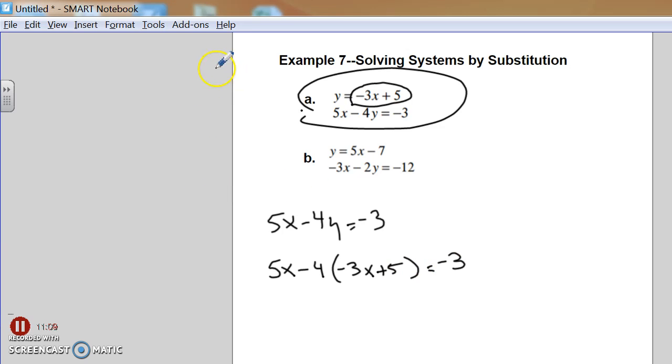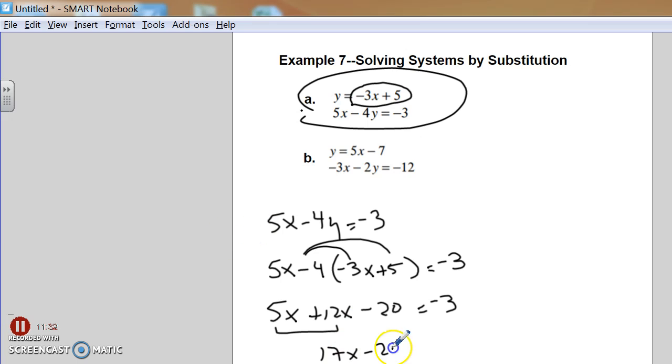That was nice because on part A here, it's already solved for y, so I know what to substitute. So negative 4 times a negative 3x would be a positive 12x. Negative 4 times a positive 5 would be a negative 20, equals negative 3. So if I combine, I'm going to get 17x minus 20 equals negative 3.